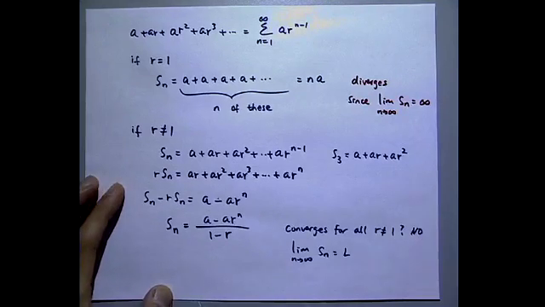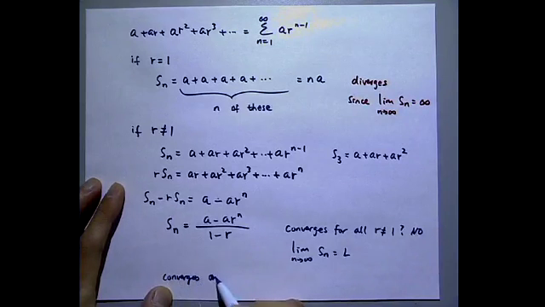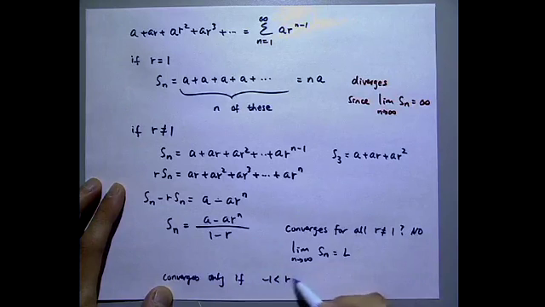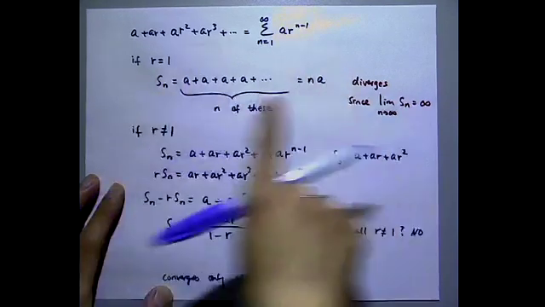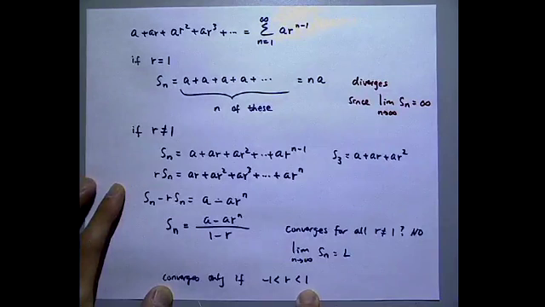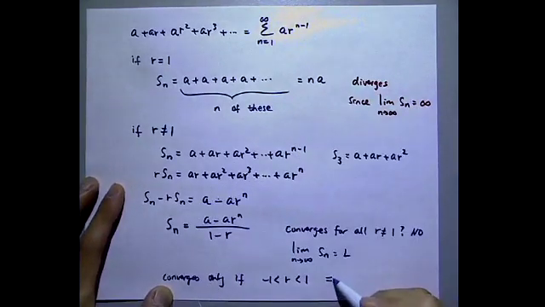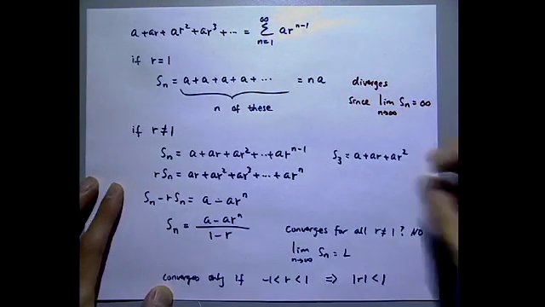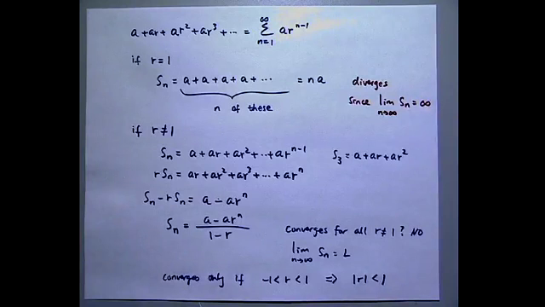So no. It converges only if it cannot be minus 1. It cannot be positive 1 either. Minus 1 has the same idea. 1, we already saw earlier, doesn't work. And very often you'll see it written this way: the absolute value of r is less than 1.